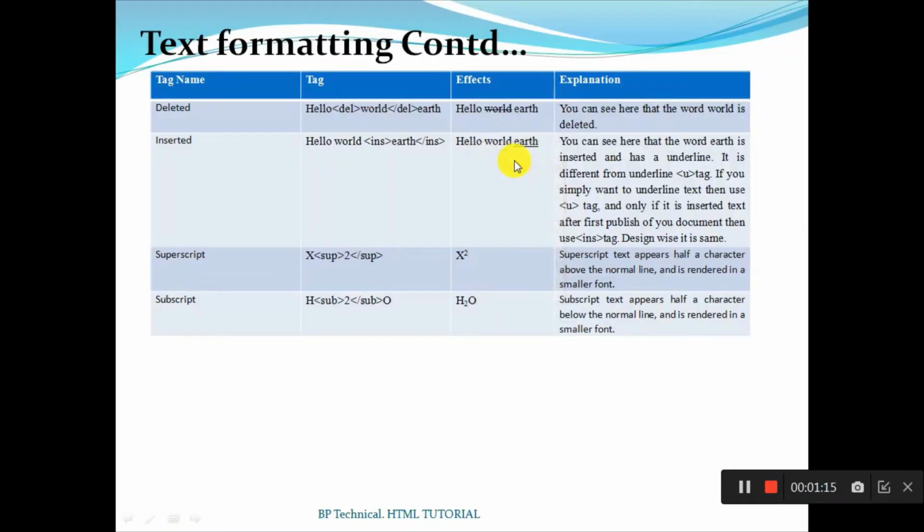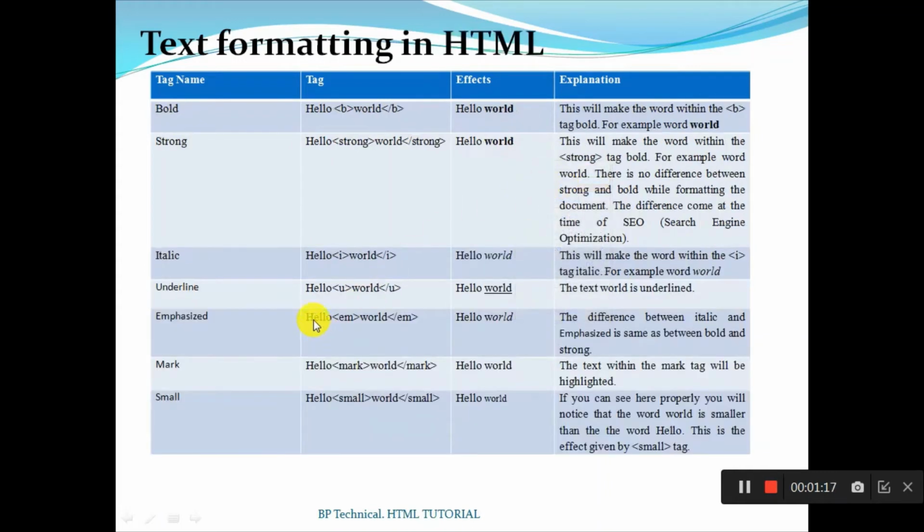One thing you remember, small is there in HTML5. The big tag has been removed or has become obsolete in HTML5. To make the text bigger, you can use CSS. But even if you use big, it shows some error.